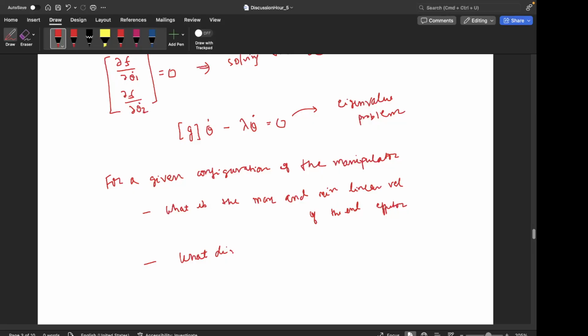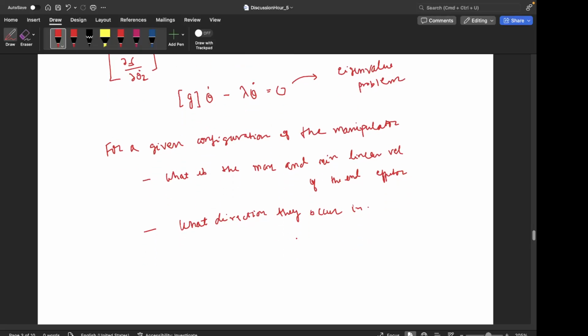Like, what is the direction in which you can move with maximum velocity, and what is the direction you can move in with minimum velocity, right? So two things we are concerned with.